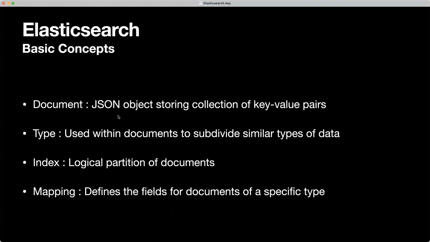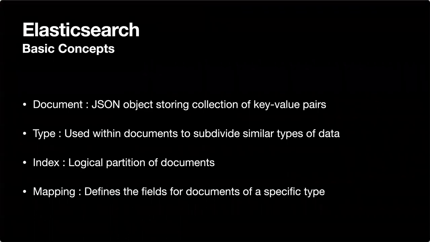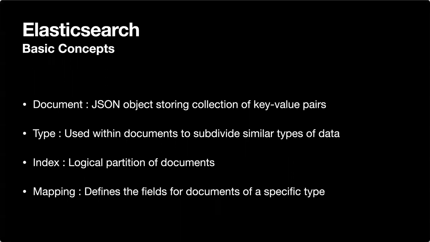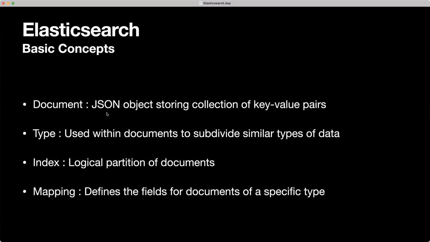Let's say I have a users table, and I have a row which will have the values corresponding to each of the columns: a user ID, a username, a user address. This would be one document corresponding to that one row. So it will have user ID as, let's say, 1, username, and then user address, and so on, as different fields within that JSON document.